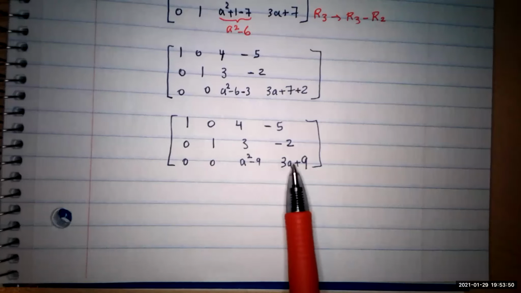So we get 0, 0, and the system is going to be dependent, and the system has infinitely many solutions. So that would be one possibility.